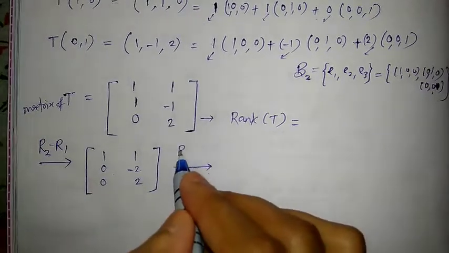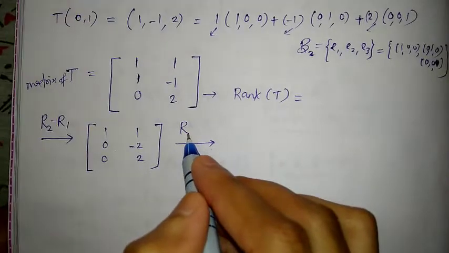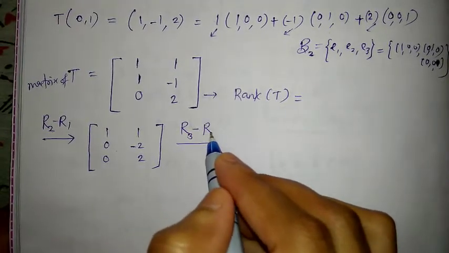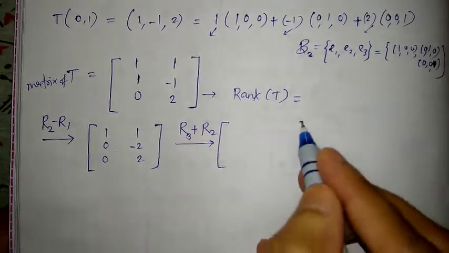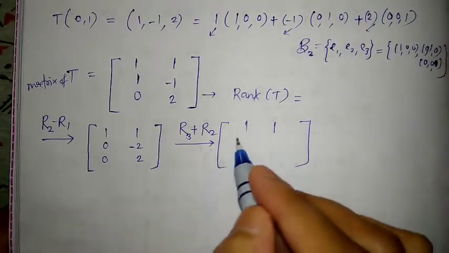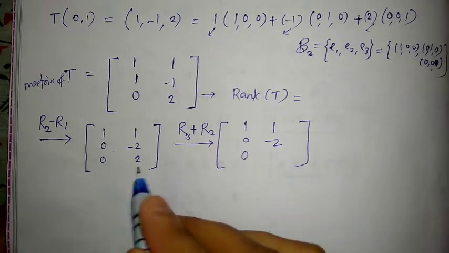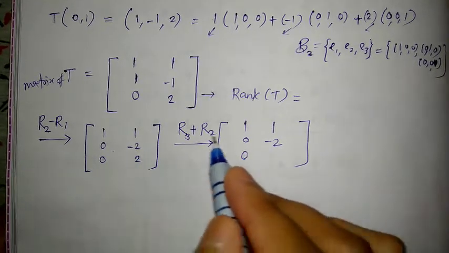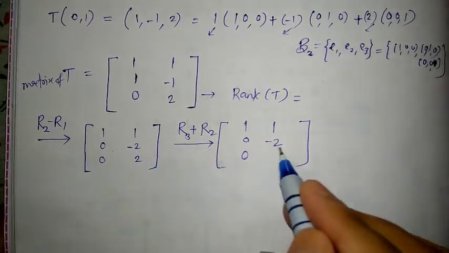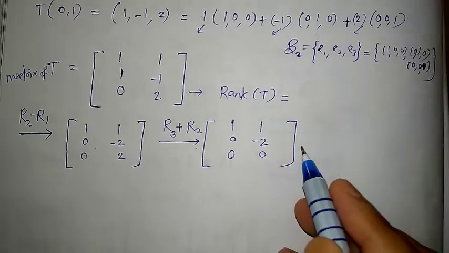Now take R3 plus R2. So this is 1, 1 as it is, then 0, minus 2 as it is. Now 0 plus 0 is 0, then 2 plus of minus 2 is 2 minus 2, which is 0, right?